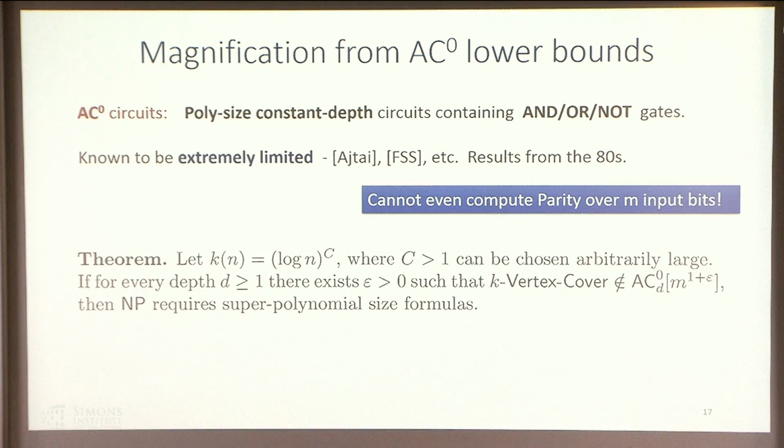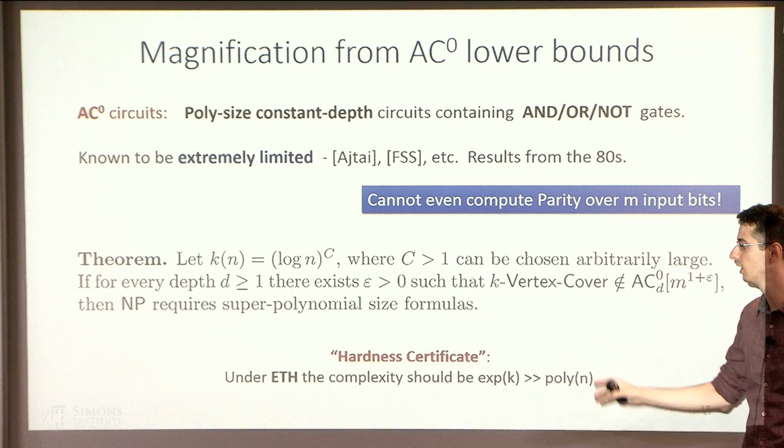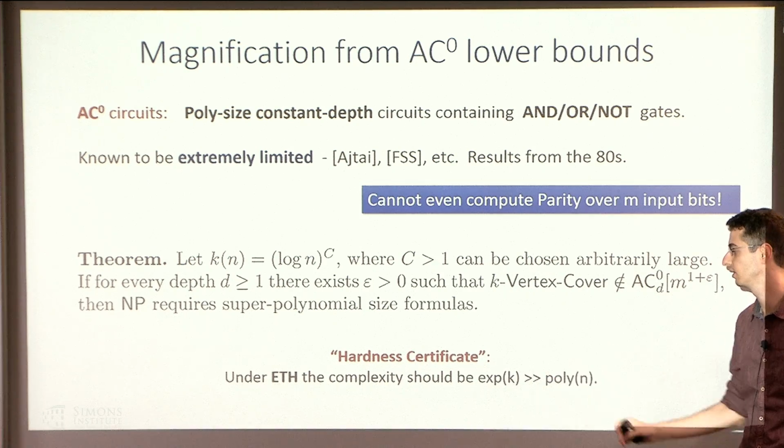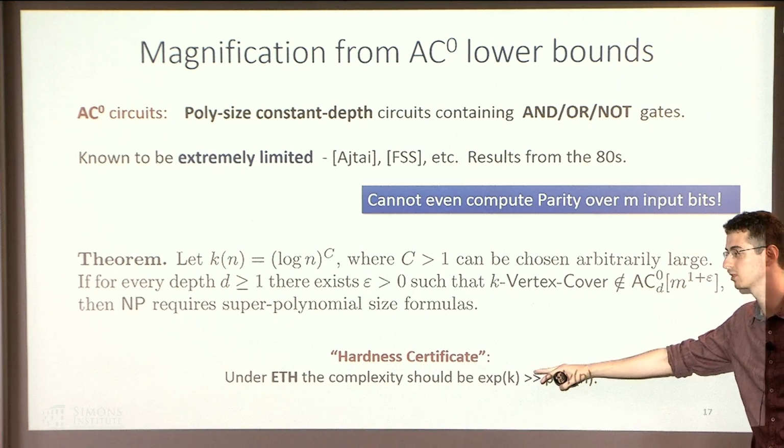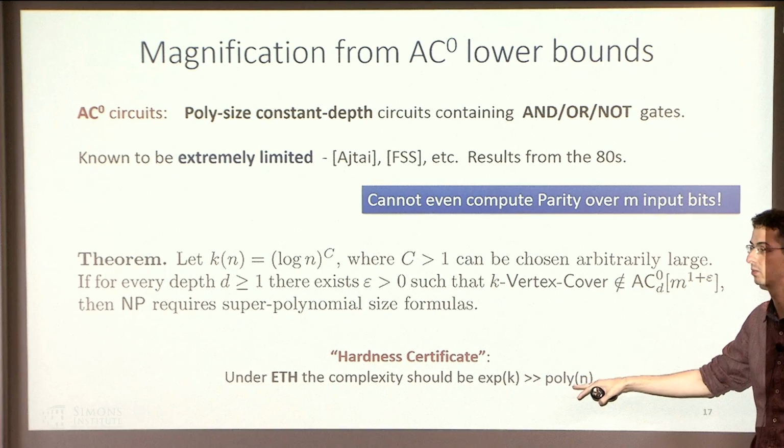So you can reduce the NP versus NC1 problem to the investigation of the complexity of this graph problem with respect to AC0 circuits of almost linear size. And for this choice of parameter, k = (log n)^c, if you assume ETH, then the complexity of the problem should be exponential in omega of k. And for this choice of k, this is going to be super polynomial.